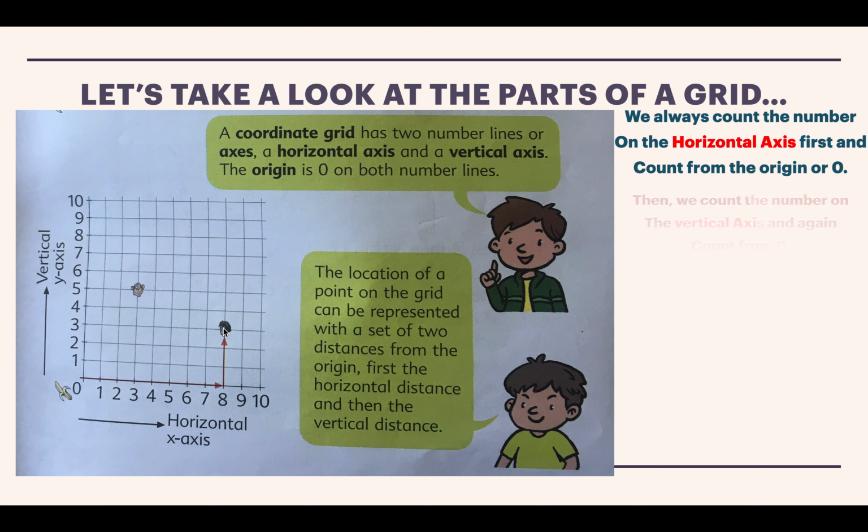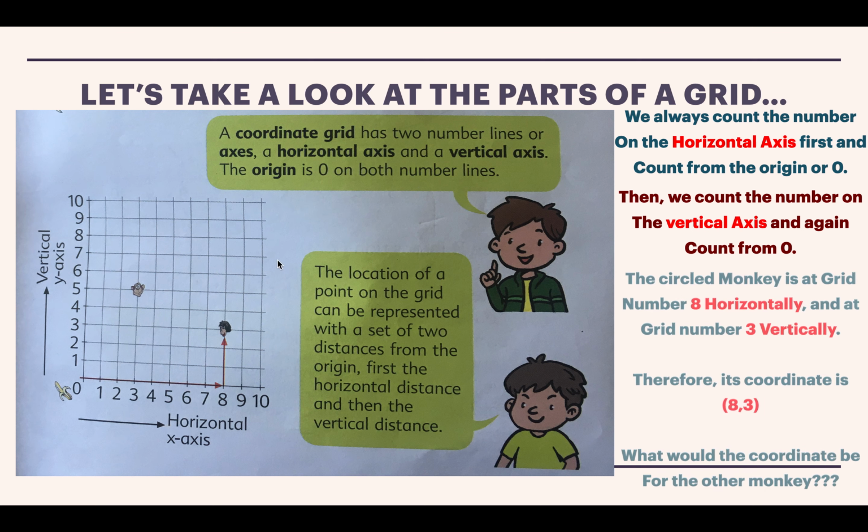Then we count the number on the vertical. After we've got the horizontal number, we then look at our vertical numbers, or our y-axis, and again we count from 0 until we find the location inside our grid. Hopefully you're following so far.